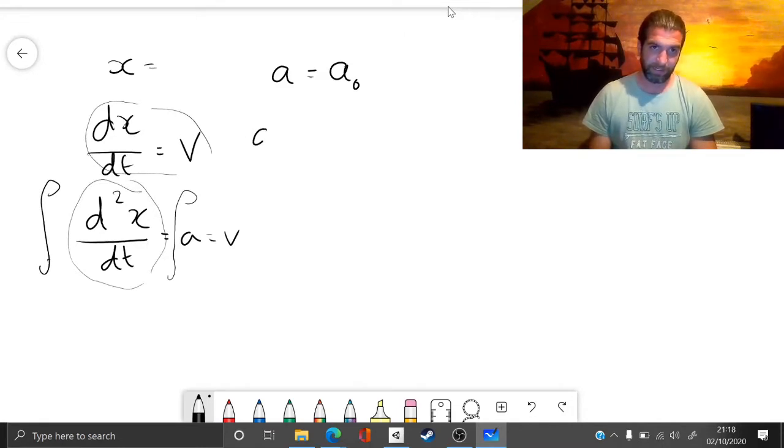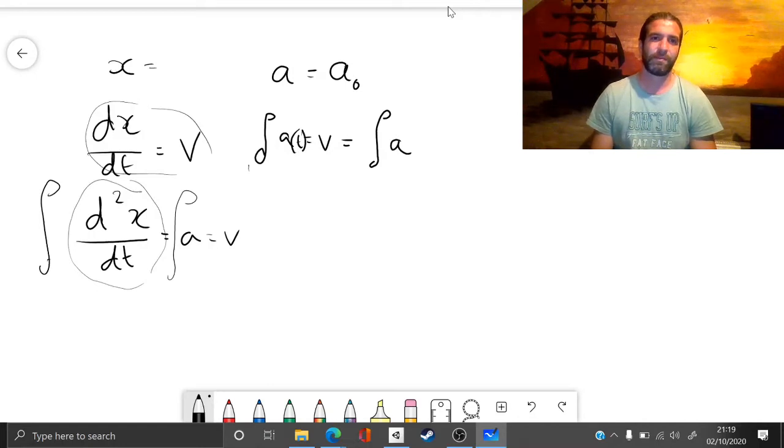So what we're going to do is take the integral of the acceleration, which is equal to the velocity. Take the integral of this, but this is with respect to time, dt.